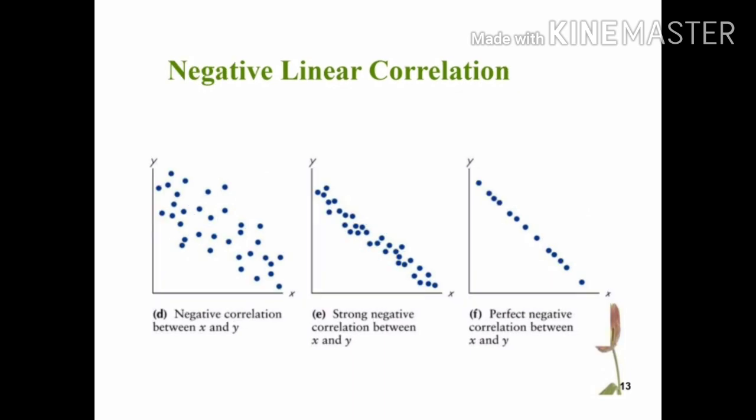Then this figure shows the negative correlation. In the negative correlation, the data points start at high y values on the y-axis and progress down to low values. From these pictures, we can see perfect, strong and negative correlation.